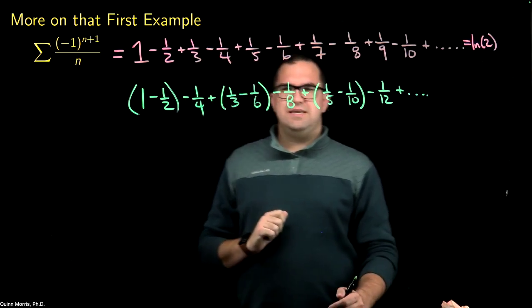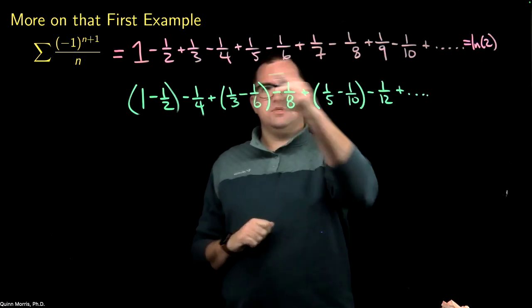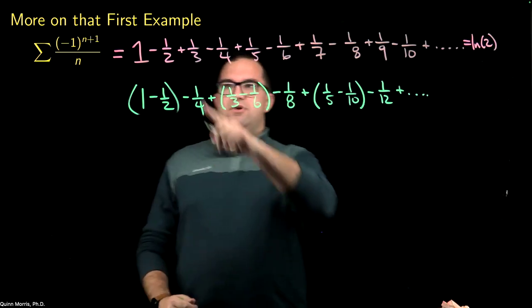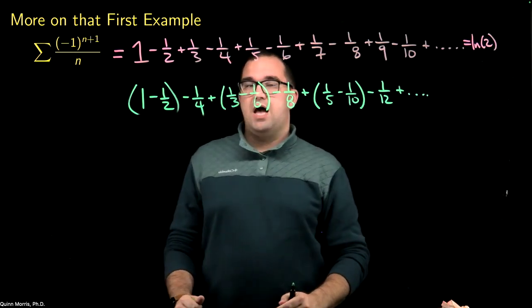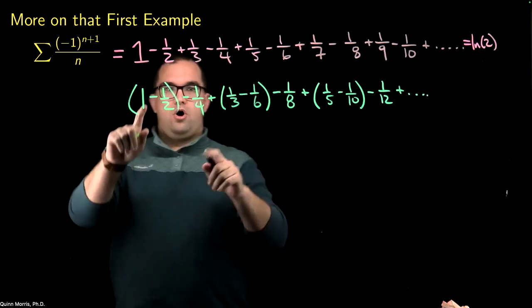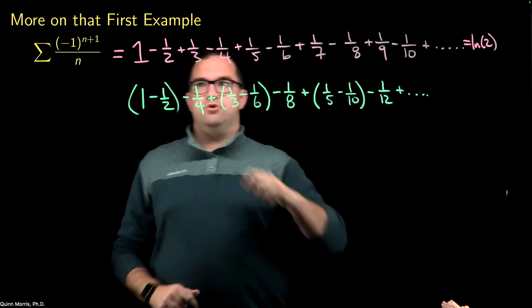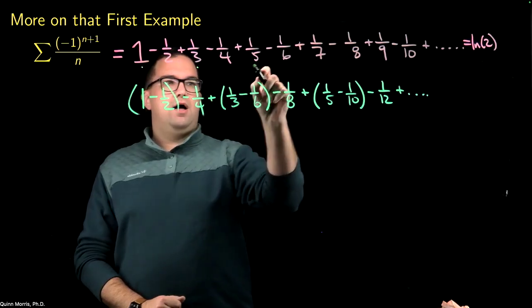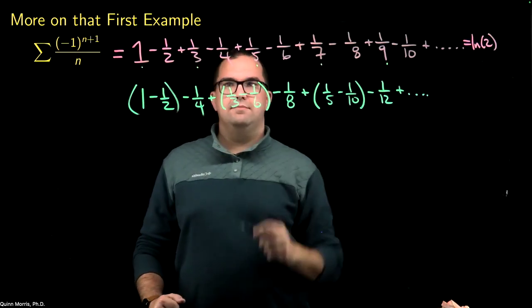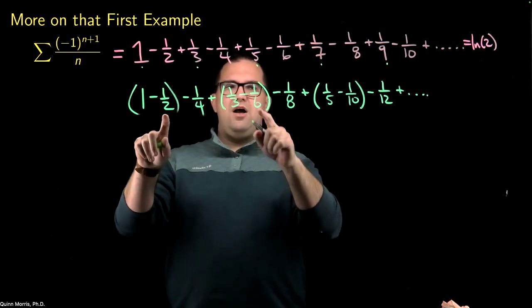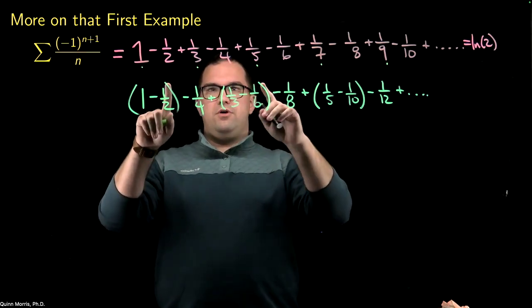Now, what's hard to see is, how do I know that every term that was up here appears down here? Well, it turns out that every one of these denominators is either odd, so all the odd ones will show up at the beginning of one of these parentheses terms. So that takes care of all my odd terms here. Of the remaining terms, they fall into one of two categories.